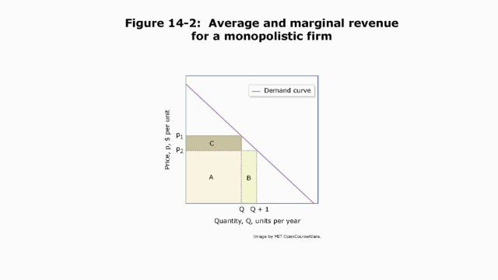So he's going to have to lower the price to P2. What's that going to do?